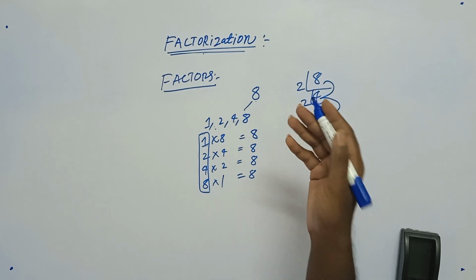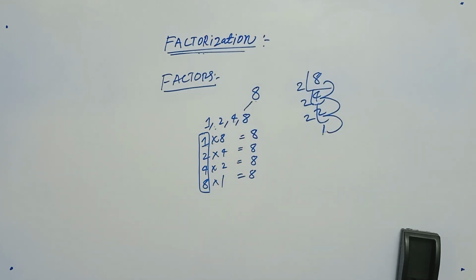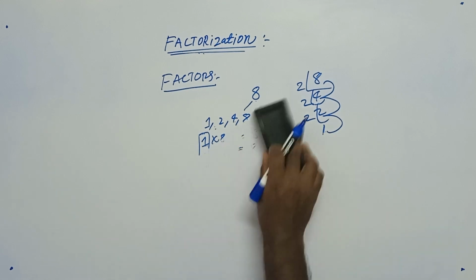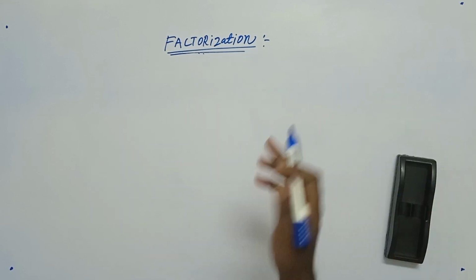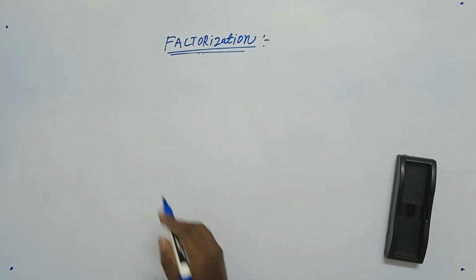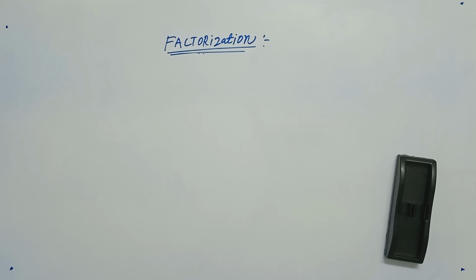You are going to find the factors of a given expression. That is why you call it factorization. I have explained these factors so you can know what exactly is meant by factorization in a number. The same concept is applied in this factorization method, right?